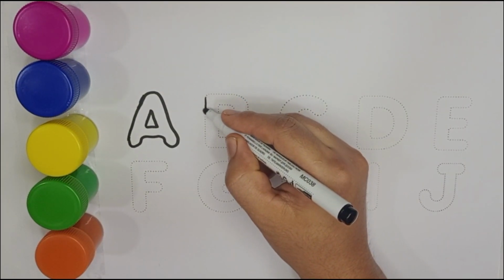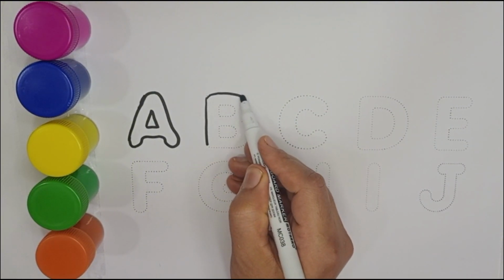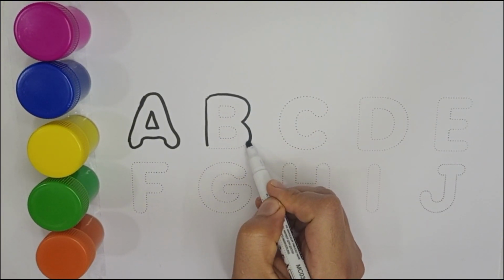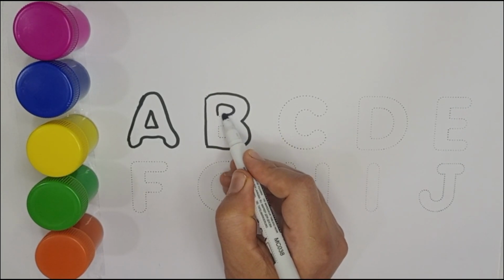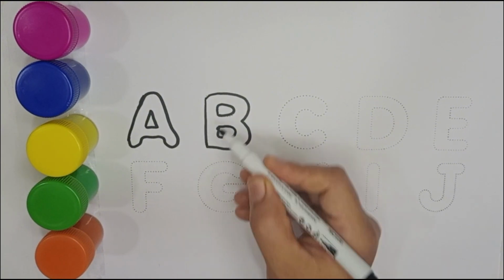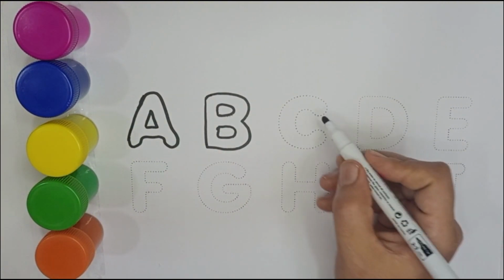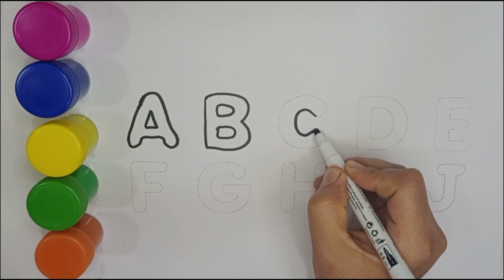B. B is for butterfly. B. B is for butterfly. C. C is for cow.